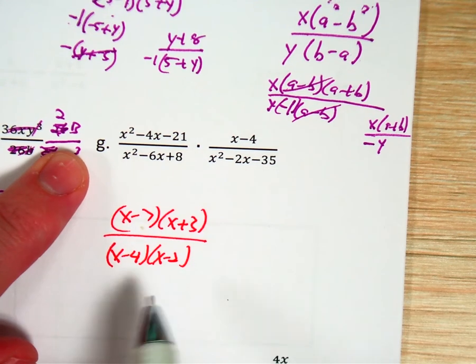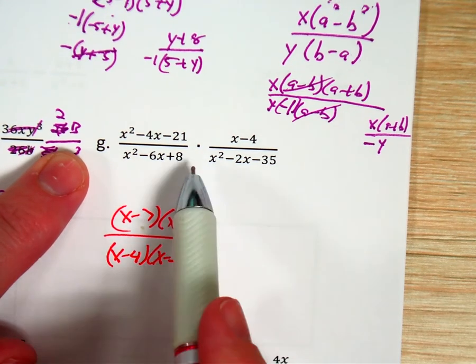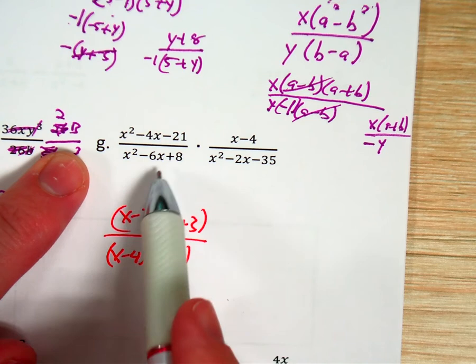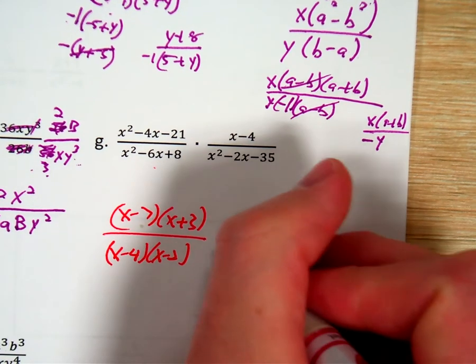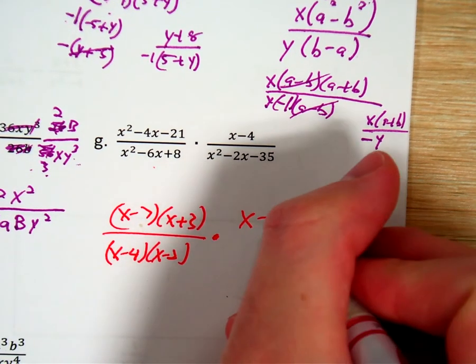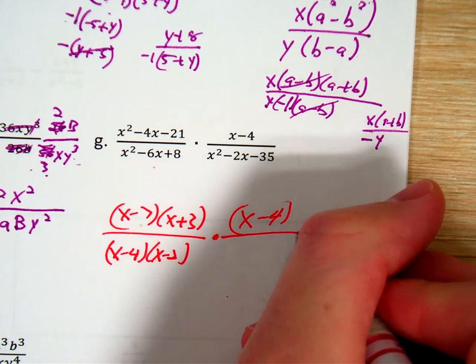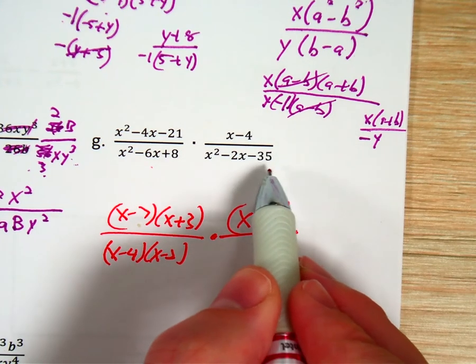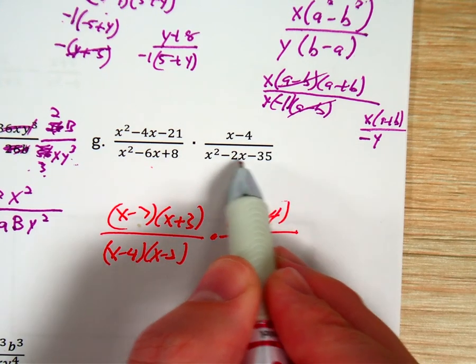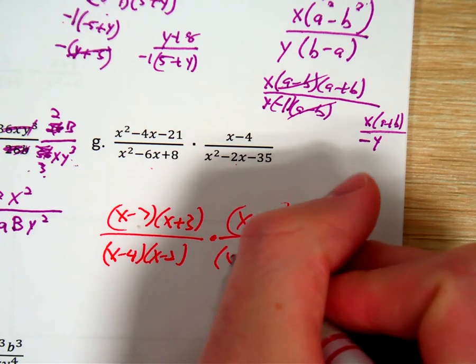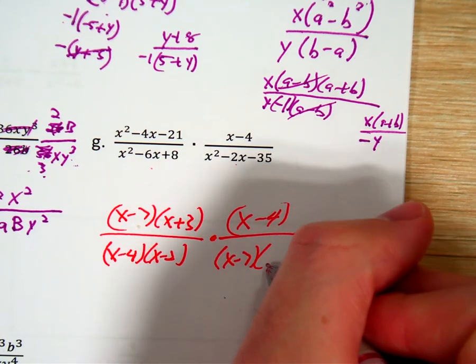Negative 4 times negative 2, positive 8. Negative 4 plus negative 2, negative 6. Nothing to do on this one. Bottom, what multiplies to negative 35 and adds to negative 2? How about x minus 7, a negative 7, and a positive 5, x plus 5.